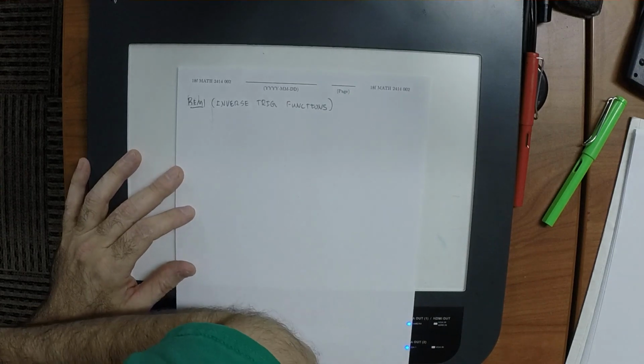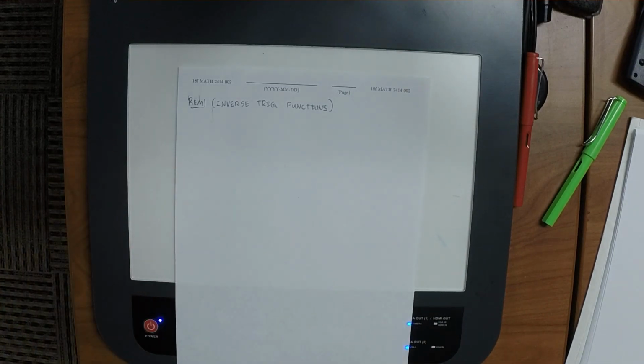All right. So you've got the trig functions like sine and cosine and what have you. And if you want to do the inverse of the trig functions, then the inverse sine, its name is arcsine.